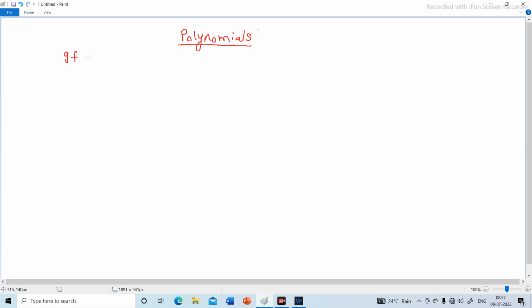If p(x) is a polynomial, zeros of the polynomial are those values of x.